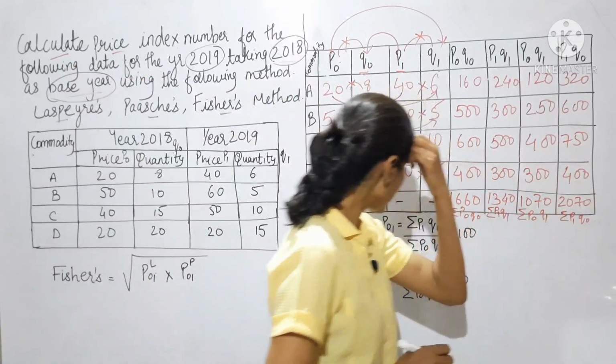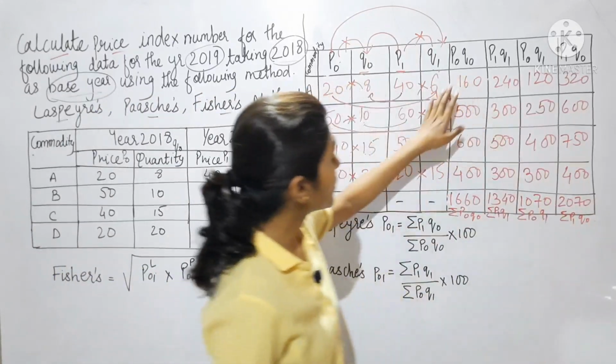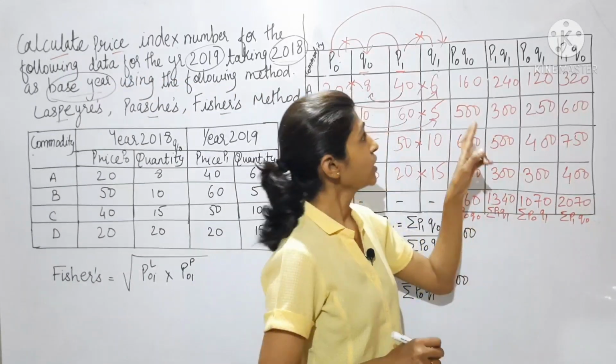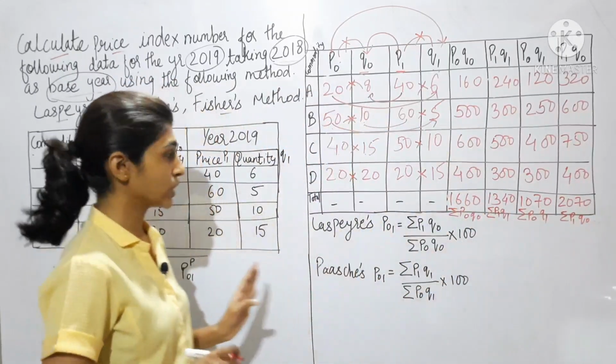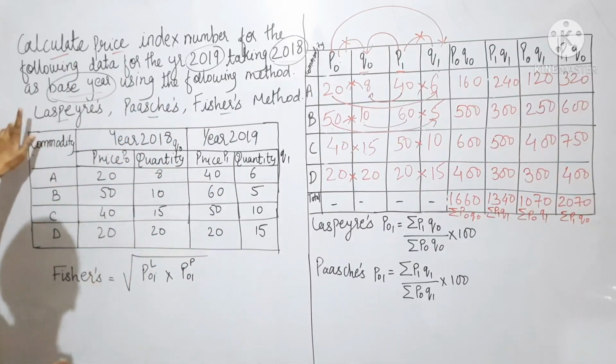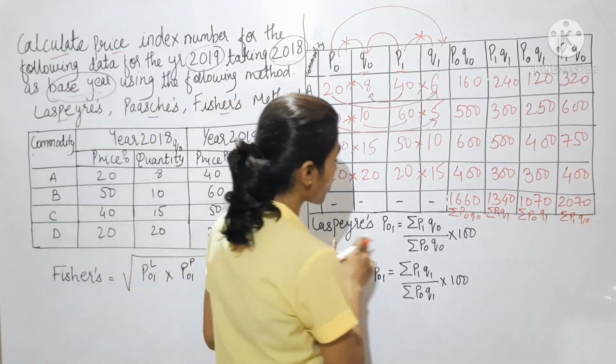Okay, now we have got all the totals of P0 Q0, P1 Q1, P0 Q1 and P1 Q0. Now put the formulas of the methods: Laspeyres, Paasche and Fisher's.